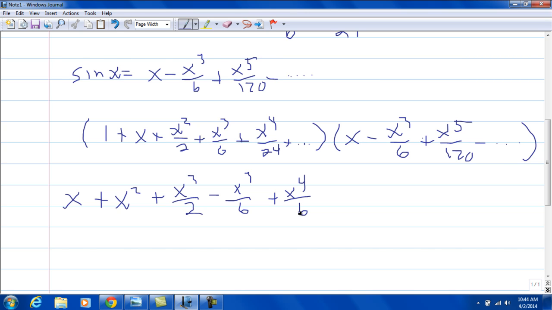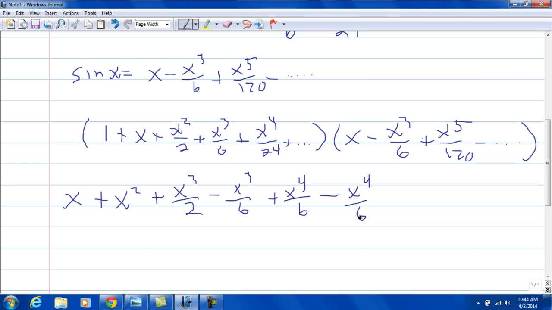Oh, right there, x to the 4th over 24 is already there. Oh, there we go, x times x cubed over 6. So it's going to be minus x times x cubed, which is x to the 4th over 6. So I have my x squared, x cubed. If you notice the x to the 4th, that's going to go away because it just subtracts out. So we're going to have to go to an x to the 5th, because we need the first 4 non-zero terms.